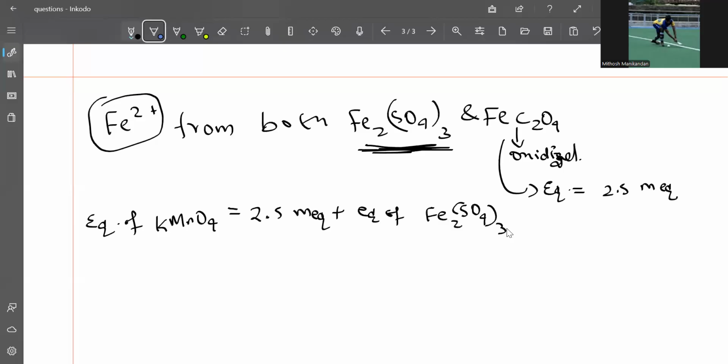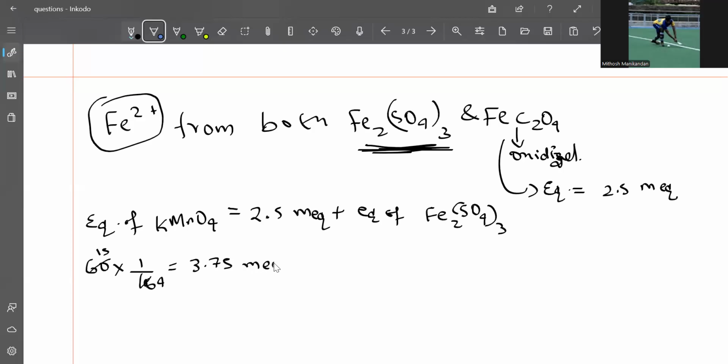Okay. So what is the equivalent of KMnO4? You get 60 multiplied by 1 by 60, correct? It's the same normality. So when you cut this, if you can cut 4, you get 15 by 4.